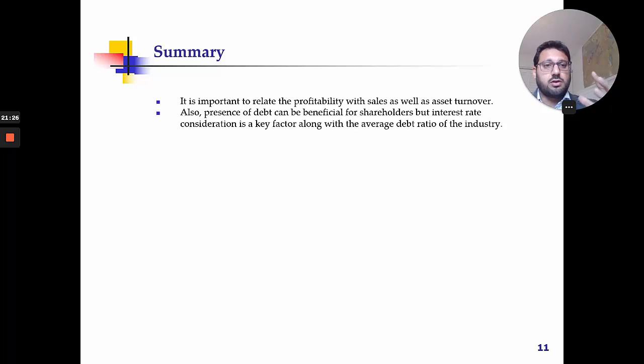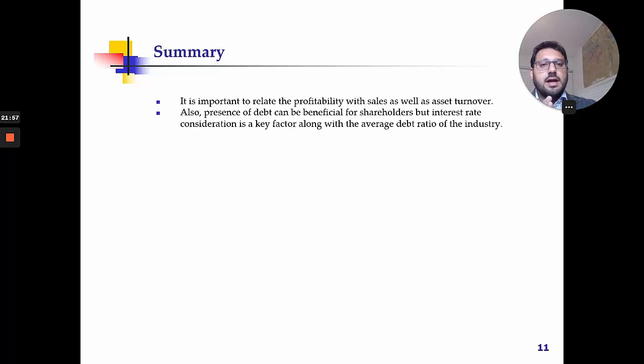Number two, when you start using debt, and if your after-tax cost of debt is less and your ROA is high, especially compared to the situation when there is zero debt, then when we generate profit out of those assets, we contribute more towards the return of the equity holders, because our creditors are charging very little interest.